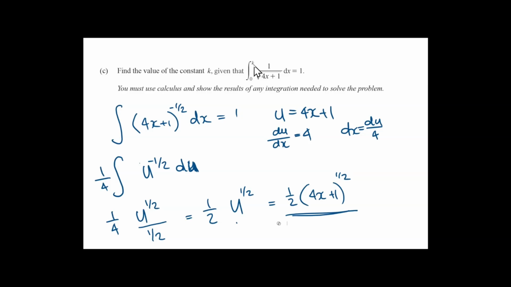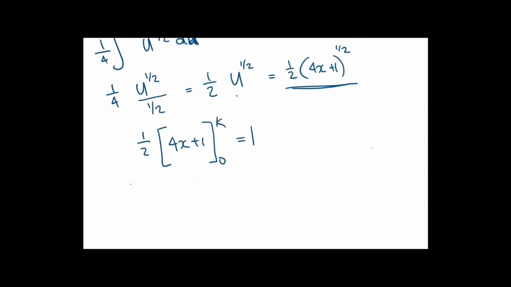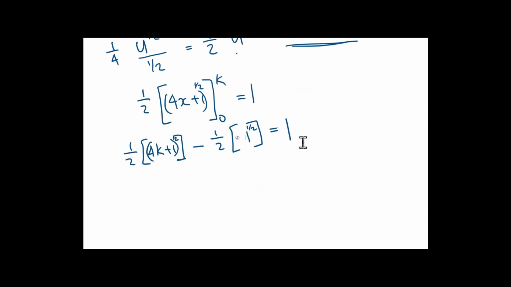Now we need to do these limits. So 0 to k of this equals 1. In other words, half of the square root of 4x plus 1, from 0 to k. So half of the square root of 4k plus 1, minus the value at 0, which is the square root of 1, which is 1.